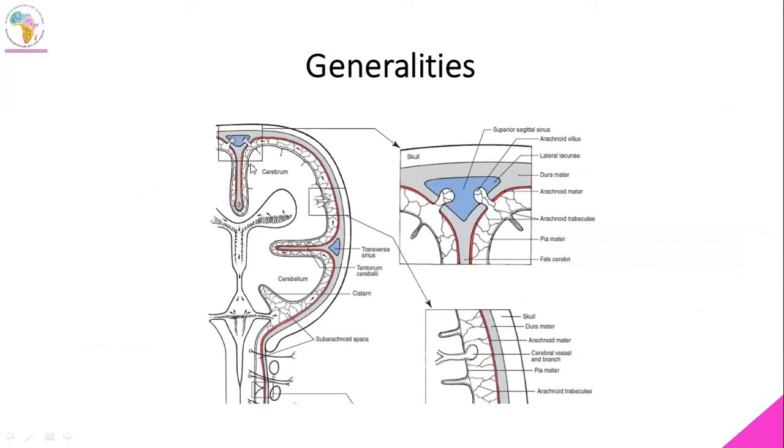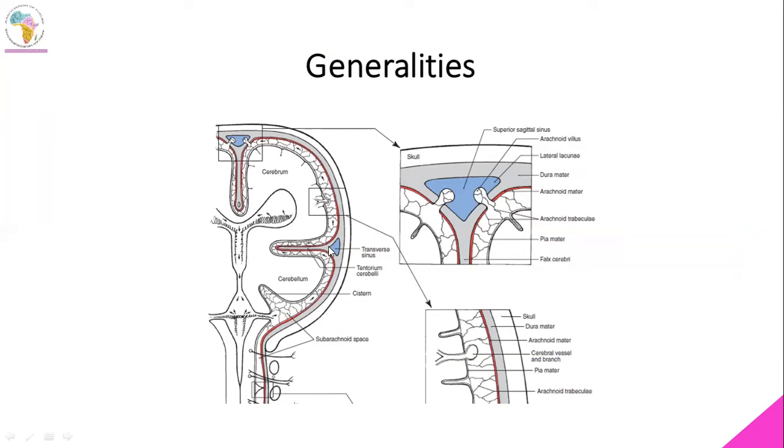You can see here that the brain is covered with certain coverings. We call them meninges: the pia, the arachnoid and the dura. The dura has certain reflections that divide the intracranial cavity into compartments.